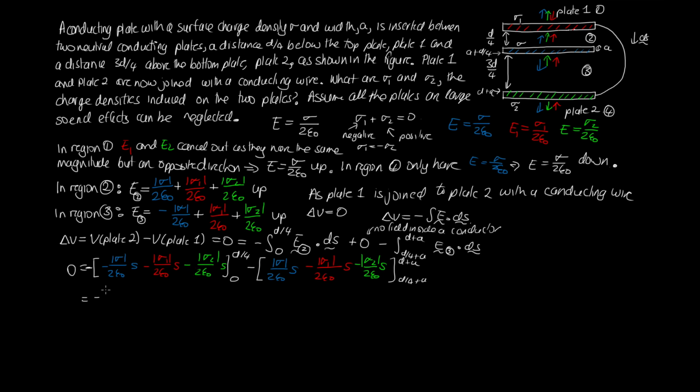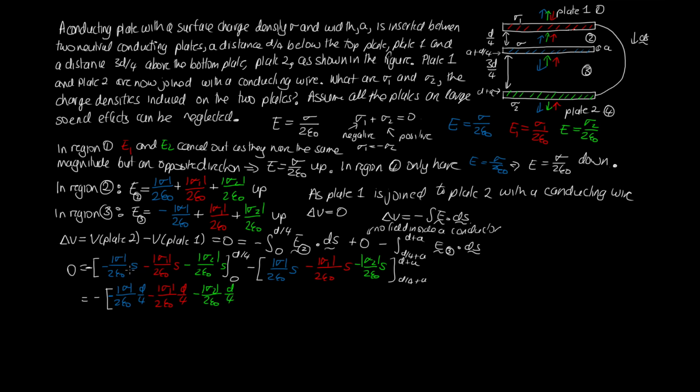So we've got minus sigma over 2 epsilon naught, still got a negative sign, and then it's d on 4. Then we've got minus sigma 1 over 2 epsilon naught d on 4. And then we've got minus sigma 2 over 2 epsilon naught times d on 4.